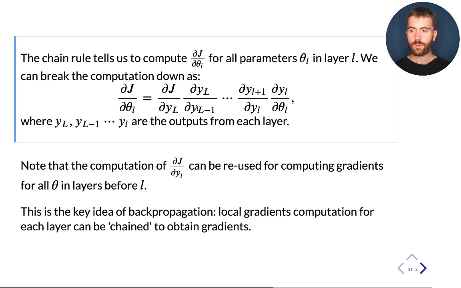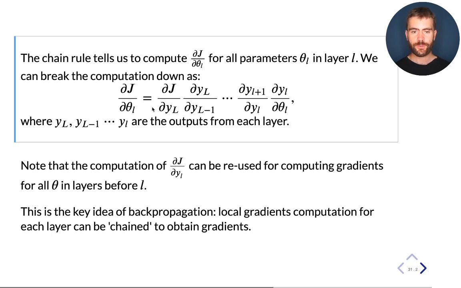And these derivatives, the derivative of YL with respect to YL minus 1, are going to be reused in many gradients. And so the backpropagation algorithm is an algorithm that computes all these intermediary gradients, and then it stores them and reuses them for all the gradients that are downstream.